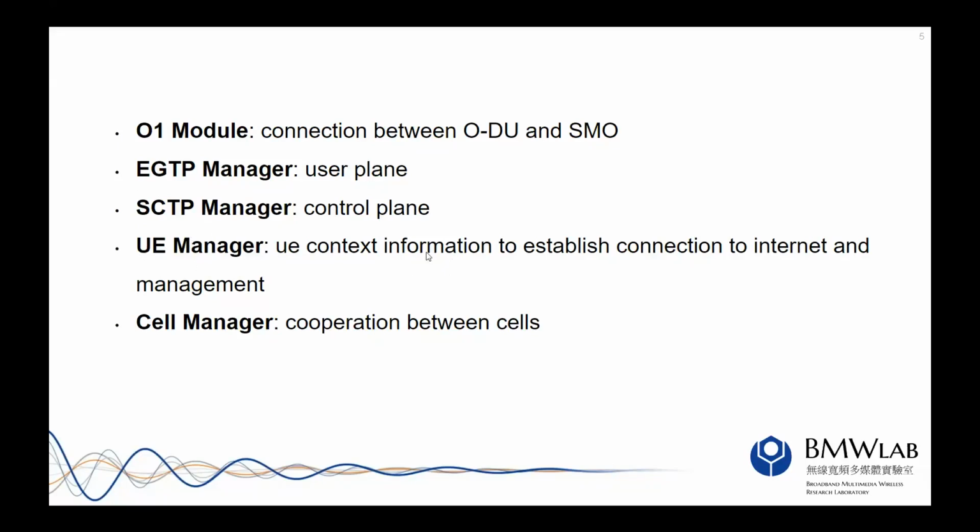So we still need a manager to handle the UE context in the DU module. The last one is the cell manager, which can also be called the DU manager, and it is used to handle all cell operations in the DU app.